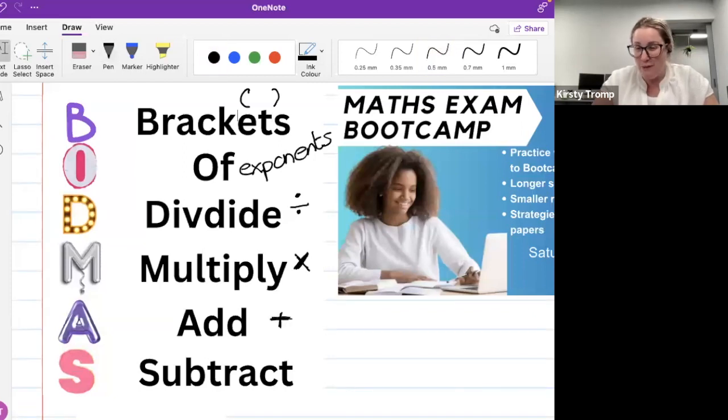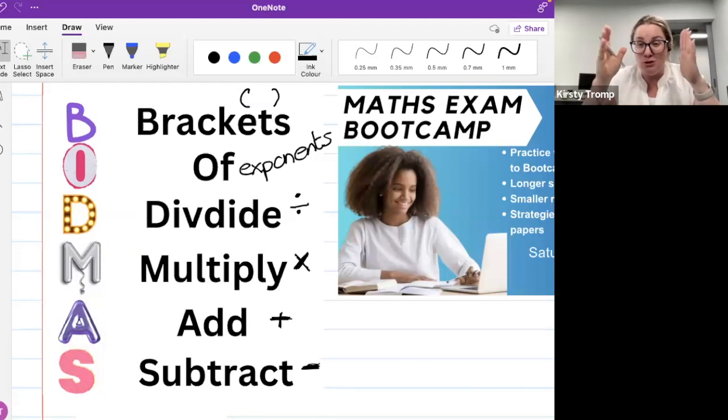And subtract is a very fancy way to say minus. So BODMAS: brackets, of, which means exponents, divide, multiply, which means times, add, which means plus, and subtract, which means minus. Very, very important.